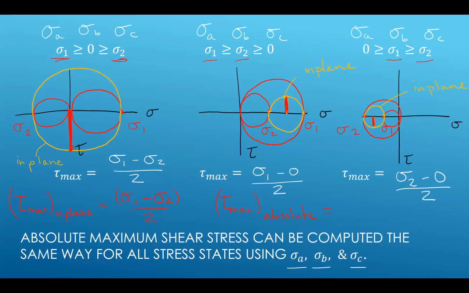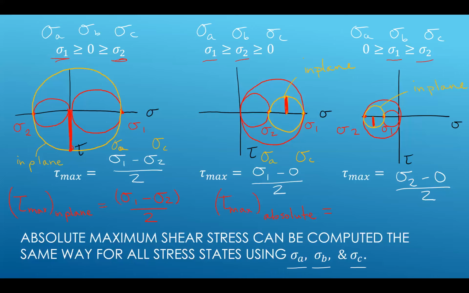And then if we substitute that down here into our equations, we see that in the first case, sigma 1 is sigma A, sigma 2 is sigma C. We get sigma A minus sigma C over 2. And in the second case, we see that sigma 1 is once again sigma A, but 0 is now sigma C. And in the third case, sigma 2, you know what?